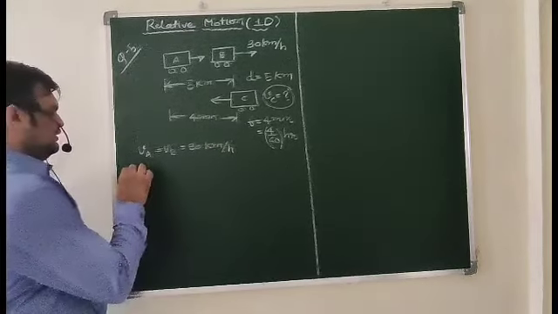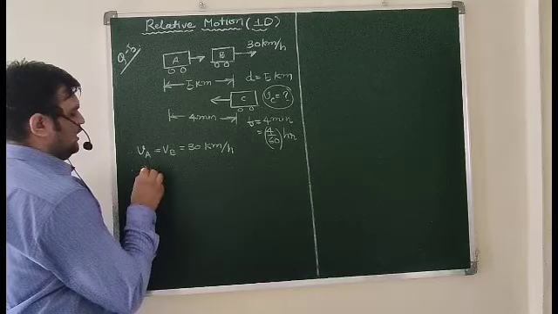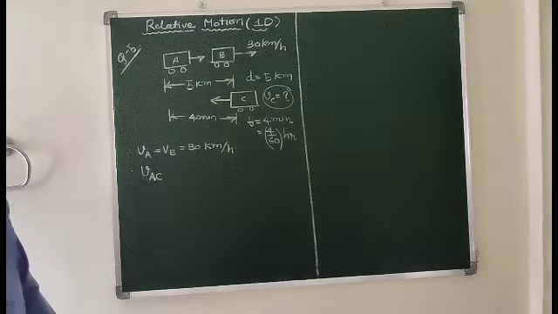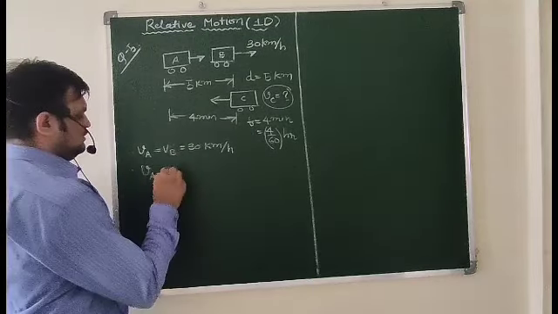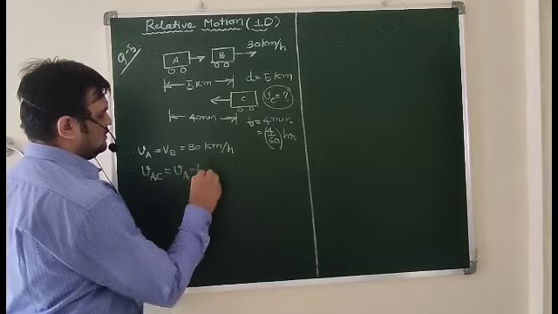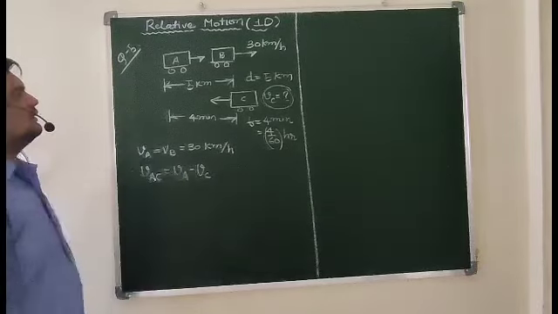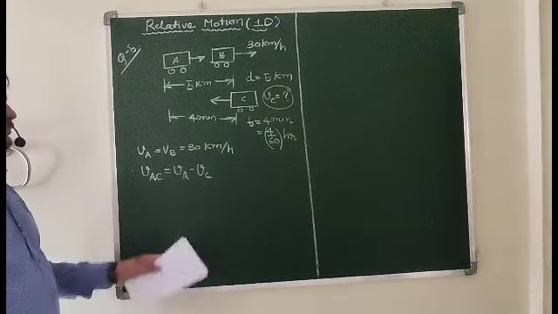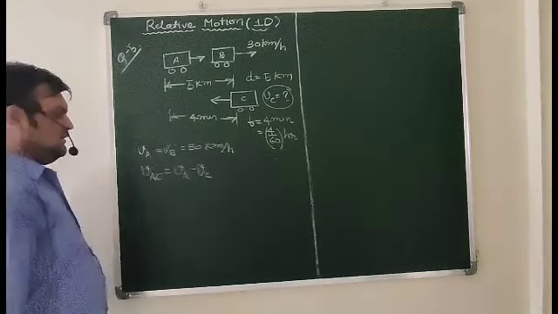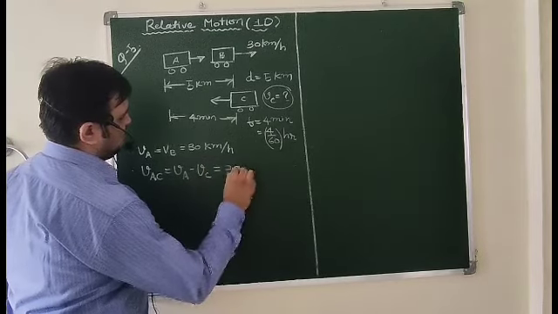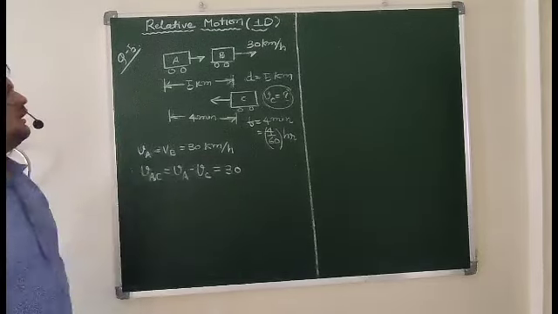Now the relative velocity of A with respect to C, that is VA minus VC. The relative velocity of car A with respect to this car C. Now the velocity of A is 30 km per hour.